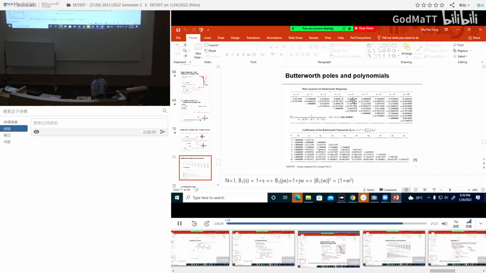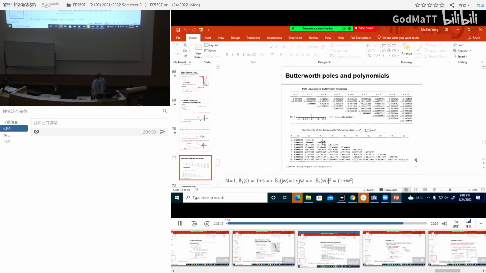So this is where the poles of the Butterworth filter are. This table tells you what the coefficients of the Butterworth polynomial are. Remember the Butterworth polynomial is 1 plus something, and so on. So if n equals 2, it's 1 plus a1s. If n equals 3, it's 1 plus a1 is 2, and then a3 is 2 also.